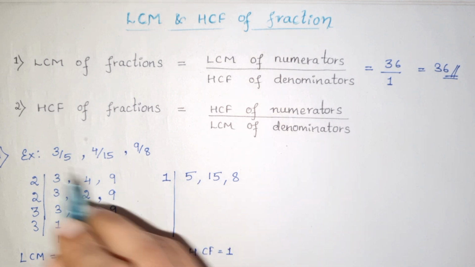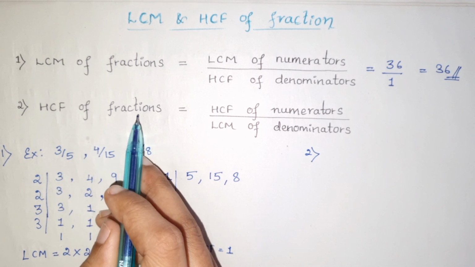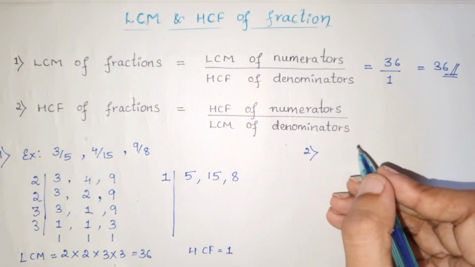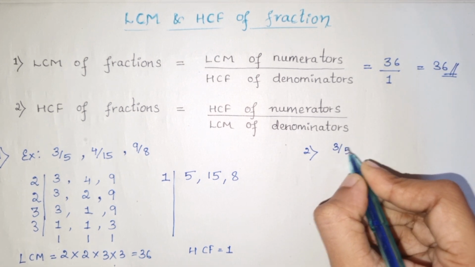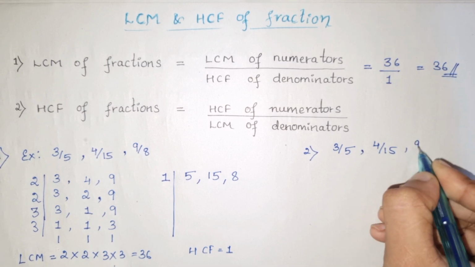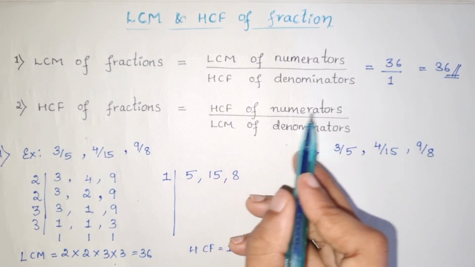Okay, clear? Now moving on to the second formula, HCF of a fraction. Okay, so if we take the same question, HCF of 3 by 5, 4 by 15 and 9 by 8. Here we need to take HCF of numerators.